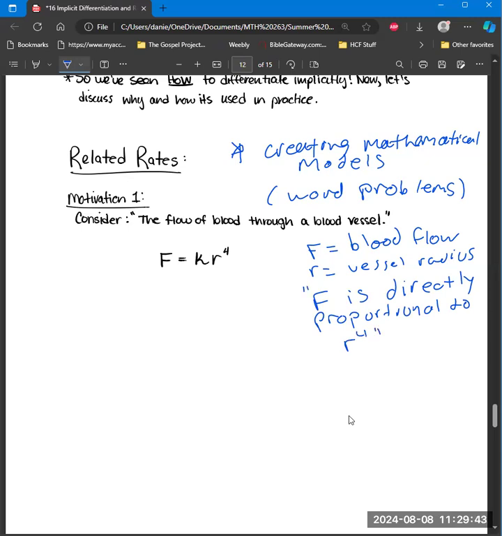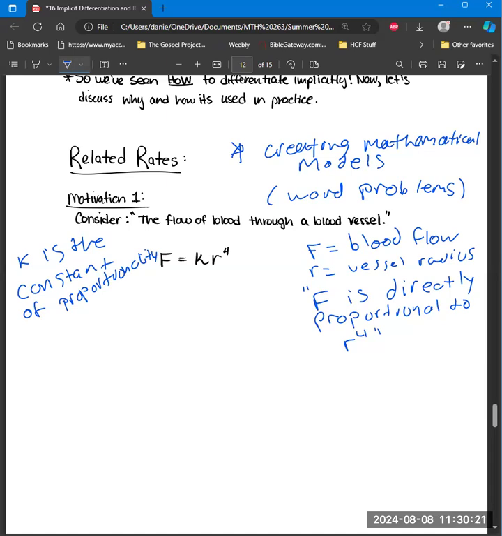K is the constant of proportionality. So K will change based off of exactly which blood vessel we're talking about. But if we're always talking about that same blood vessel, then that K value will be the same all the time for all F and R values.